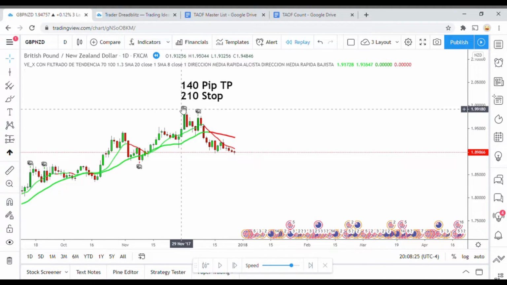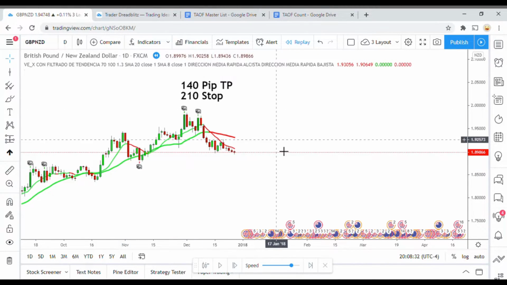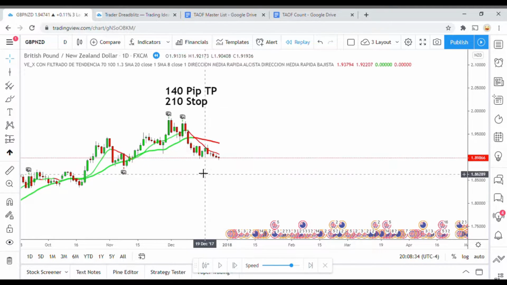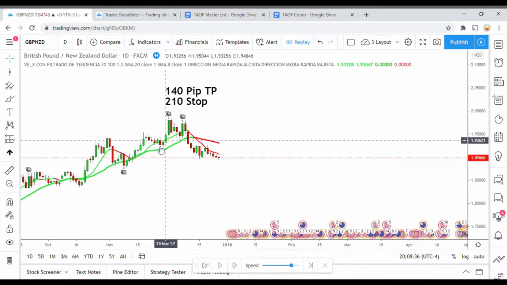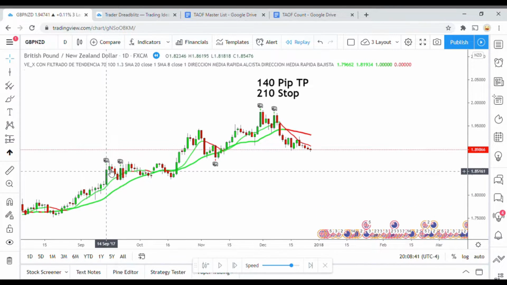And so basically what we are looking for are these little elephants. You can see these little elephants that are either above or below the bars here.